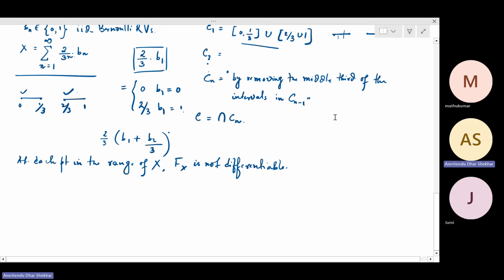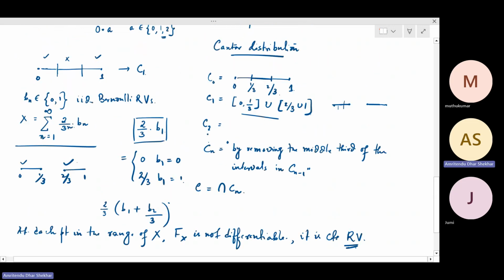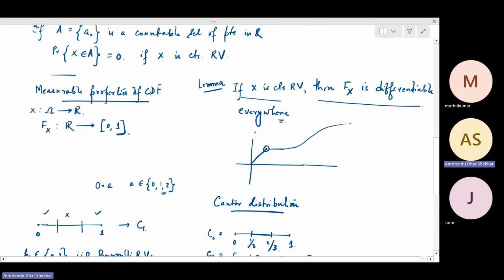It is, however, a continuous random variable. So this statement is not true. Of course, f of x is not differentiable everywhere. It is not only not differentiable everywhere, it is also not differentiable almost everywhere.